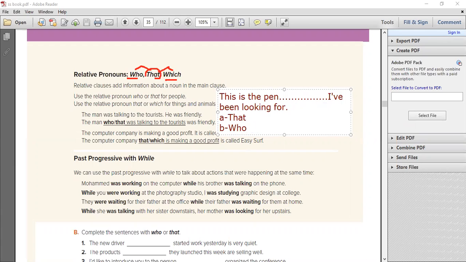Which one do you think? That. Yes, that. You don't have which, but you know that "that" comes with either one. Okay?